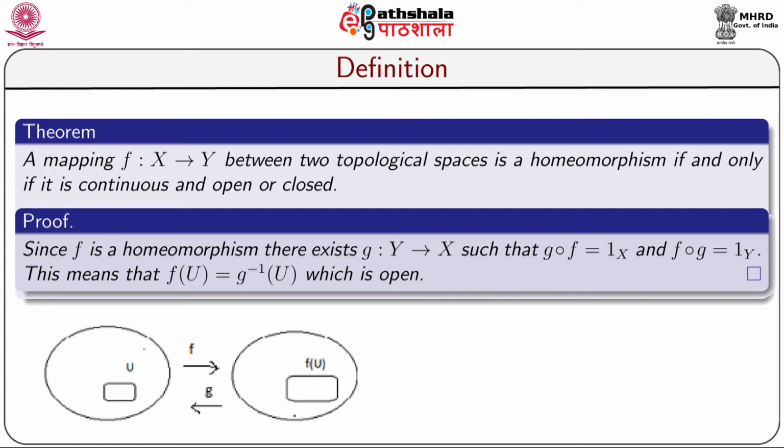This means that f of U is equal to g inverse of U. Since g is a continuous mapping from Y to X, g inverse of U is open. That means f of U is open, hence f is an open mapping. Similarly, we can prove that if a mapping is a continuous, closed bijection, then that is also a homeomorphism. The following picture gives a clear idea about this.